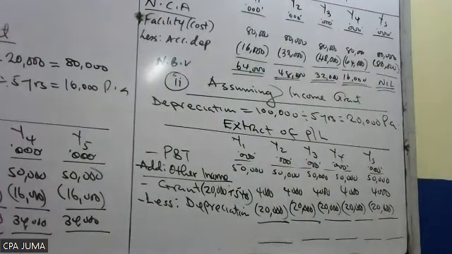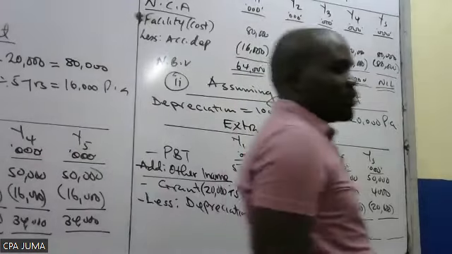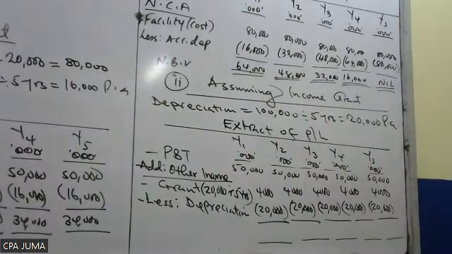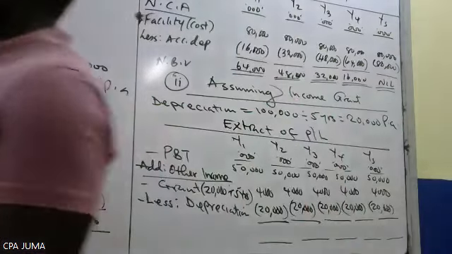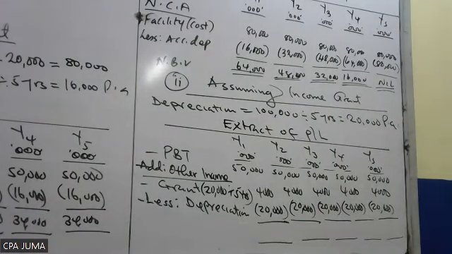Let's do the balance sheet for this one. So right there, extract of the statement of financial position. Then I want to change the camera. So extract statement of financial position. We want to find.